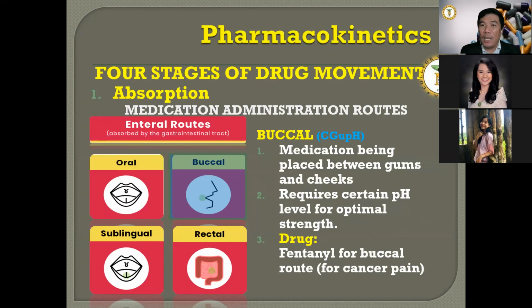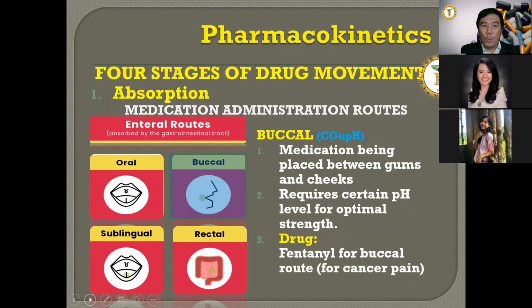Fentanyl is a drug, usually a pain reliever, that is given for cancer pain. So whenever individuals diagnosed with cancer experience pain, for pain relief, most of the drugs, specifically fentanyl, are given by a buccal.